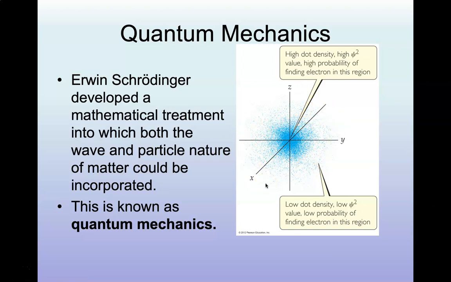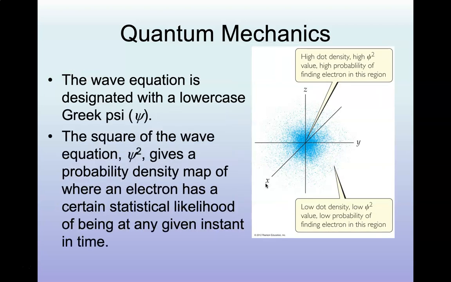This idea of being able to create probability diagrams of where you're going to find electrons around atomic nuclei is called quantum mechanics. Quantum mechanics also takes into account wave mechanics and wave equations. We are not going to do this in this class. This is more of a third year of chemistry or graduate program kind of thing, called physical chemistry.